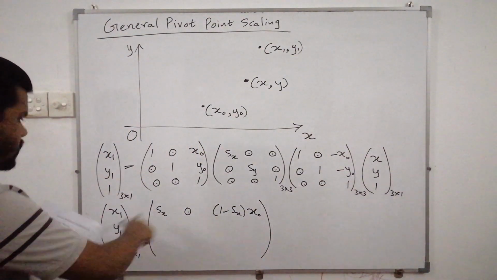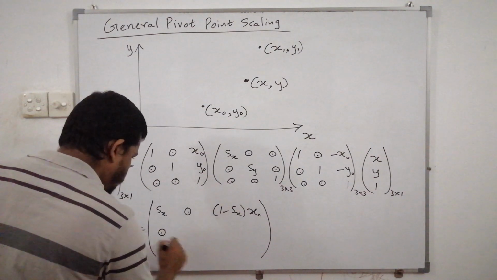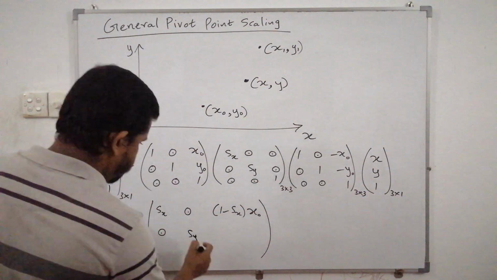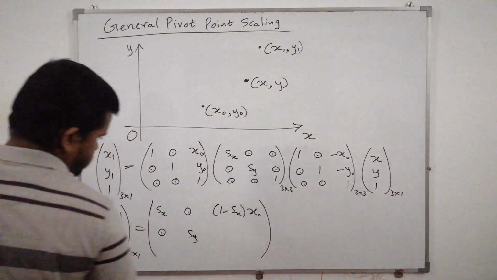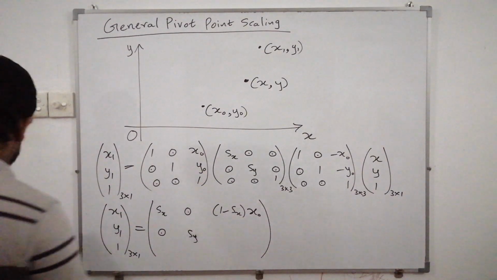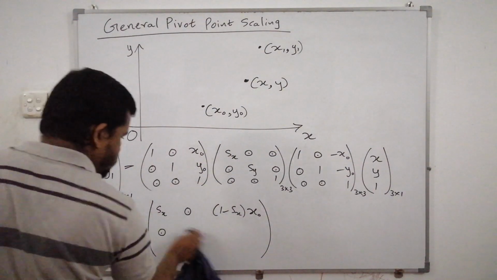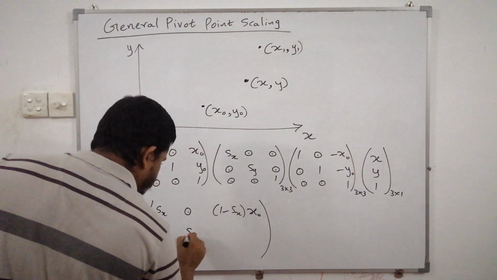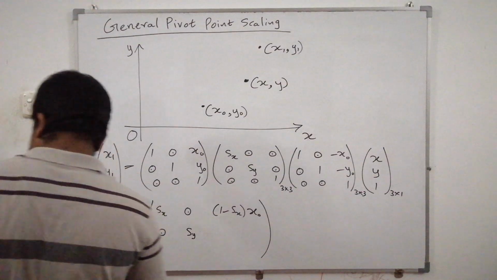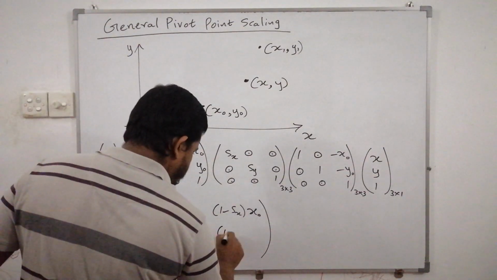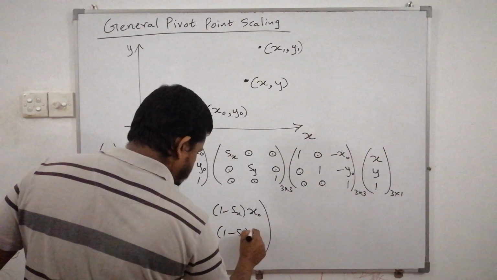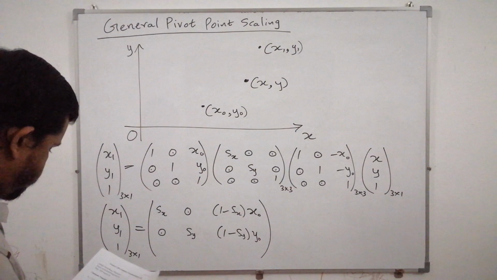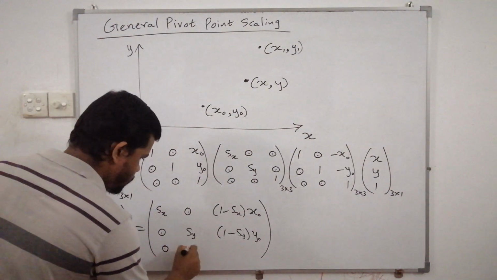Then the second row is 0, sy, 1 minus sy into y naught, and 0 0 1.